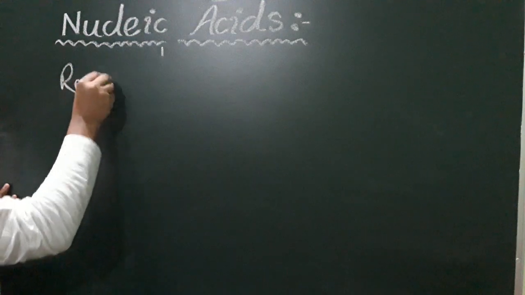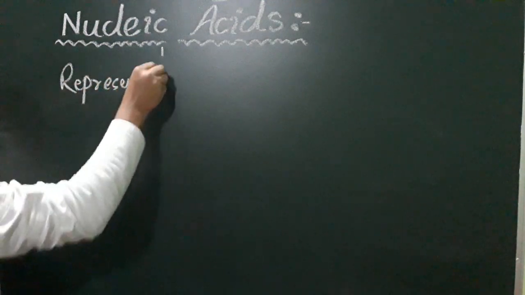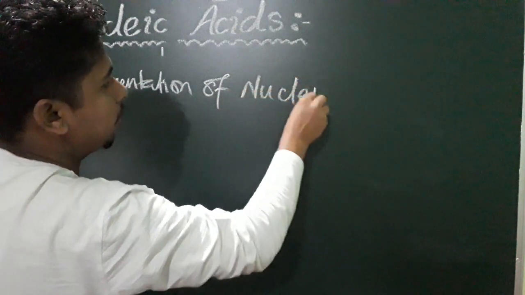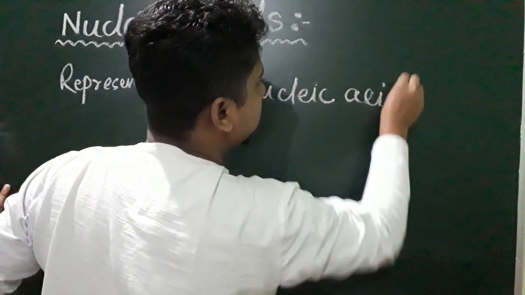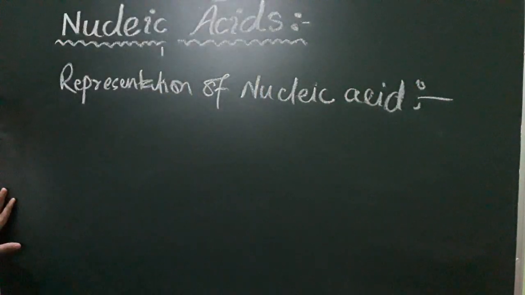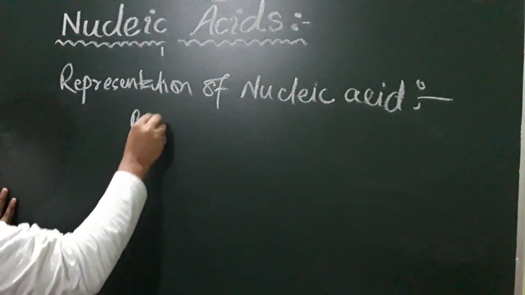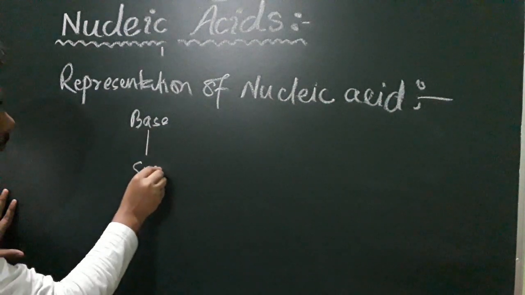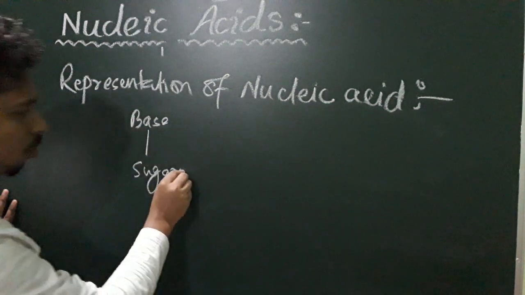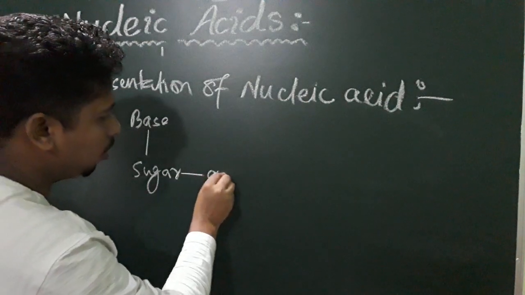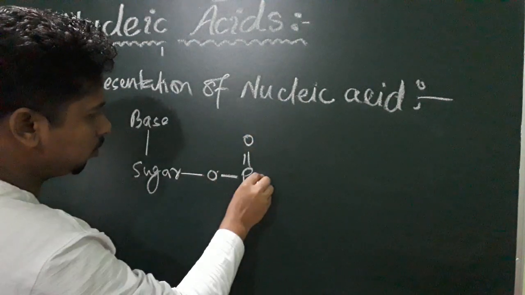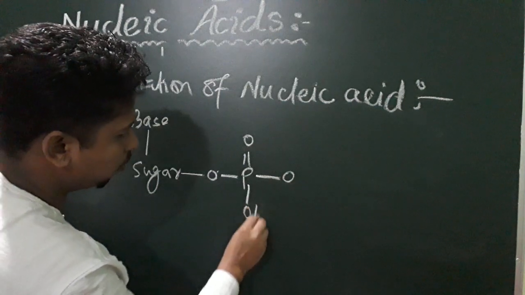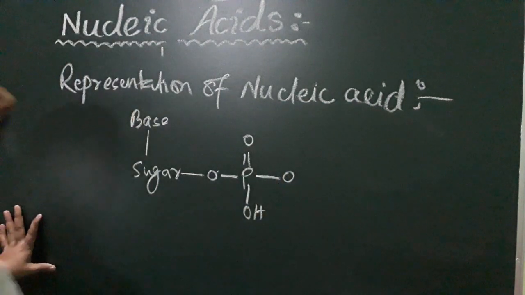Here we have the heterocyclic nitrogenous base, one pentose sugar molecule, and the phosphate group, O, P double bond O, O, OH.